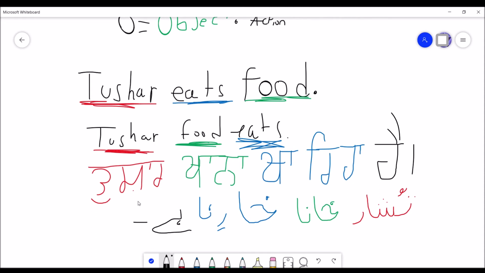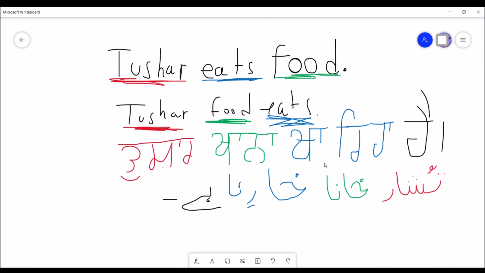Yeah, so the structure in Punjabi is normally subject, object, verb, not subject, verb, object, which is in English. So Tushar khana kha reha hai, which even though I'm writing it as a khe, you'll hear people also just say Tushar khana kha reha hai. So it depends, but this is how the sentence structure is.